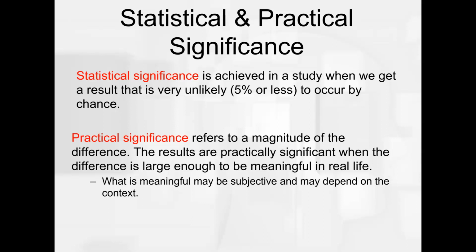Practical significance refers to the magnitude of the difference. The results are practically significant when the difference is large enough to be meaningful in real life. What is meaningful may be subjective and may depend on the context. The results can be both statistically and practically significant, or neither, or only one of them.